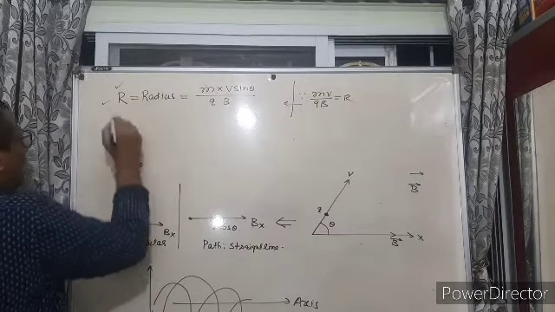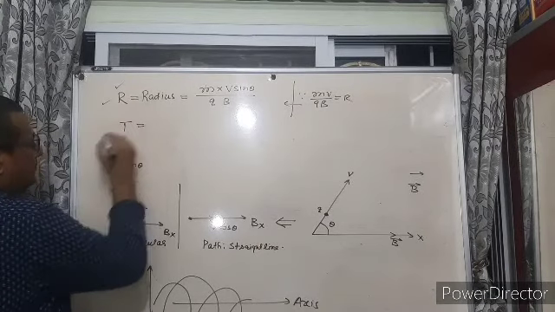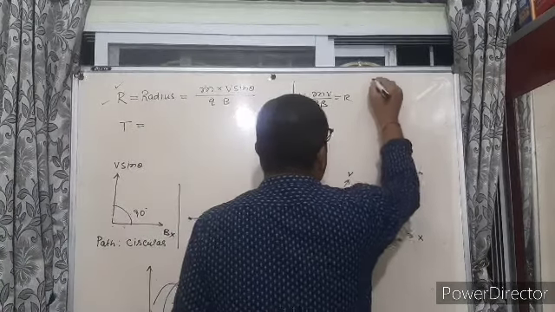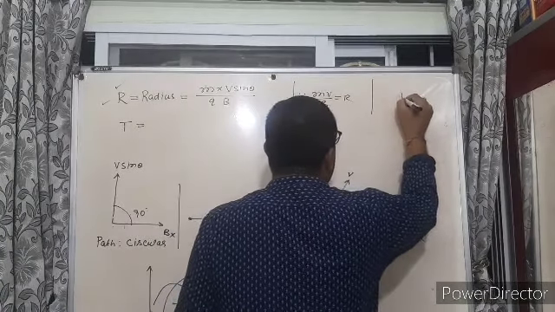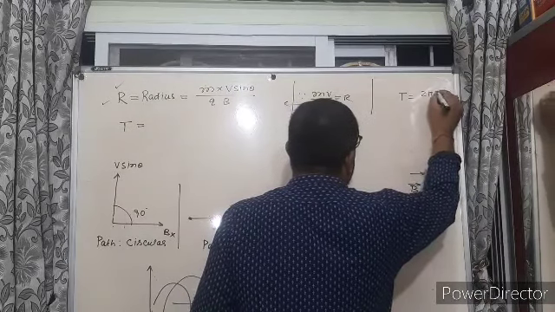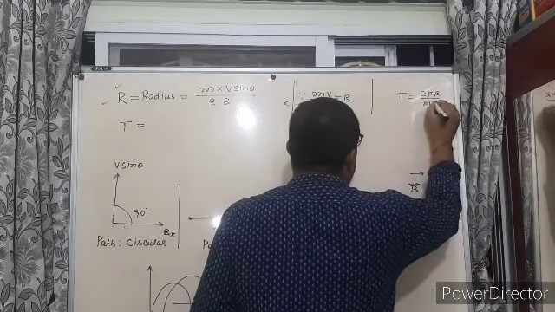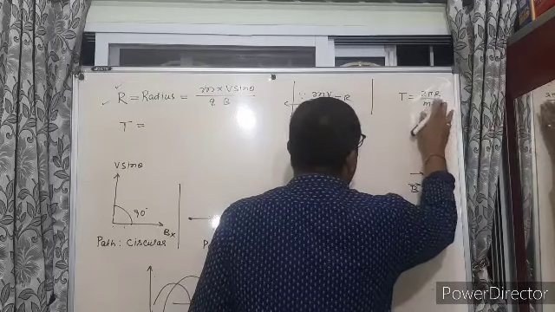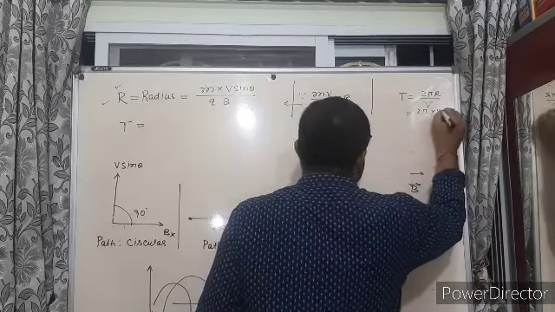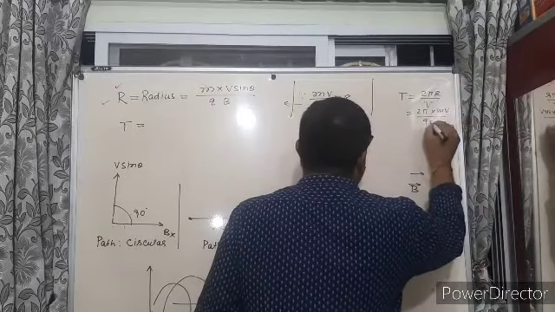Similarly, we can find the time period also. Time period T was equal to 2 pi r by v, then 2 pi r m v by qB.